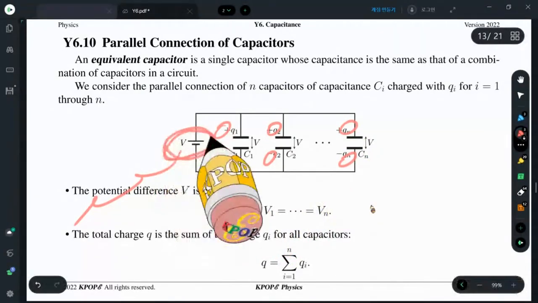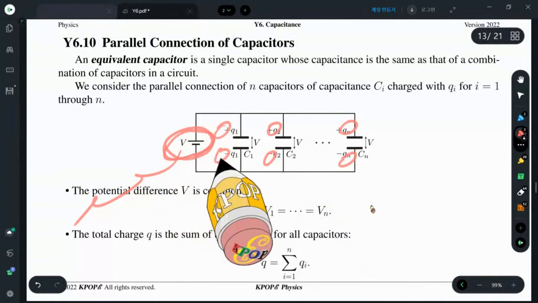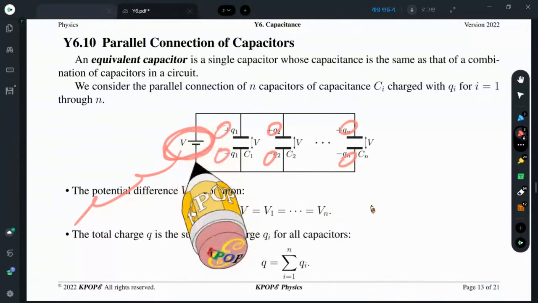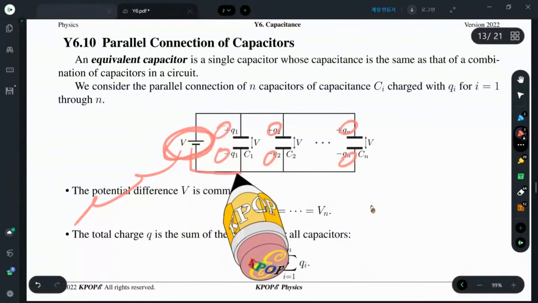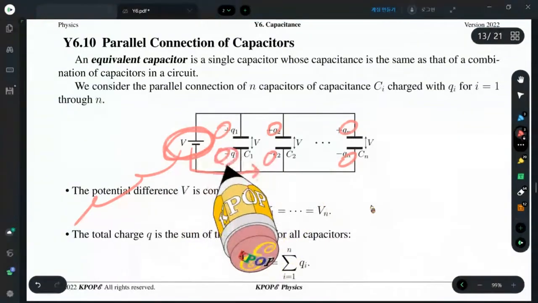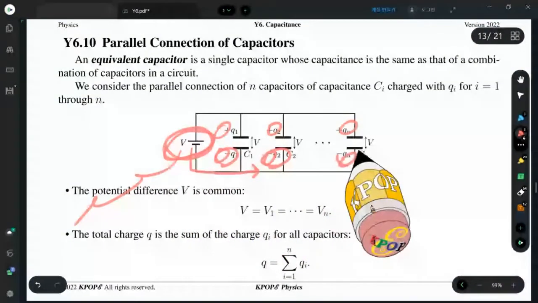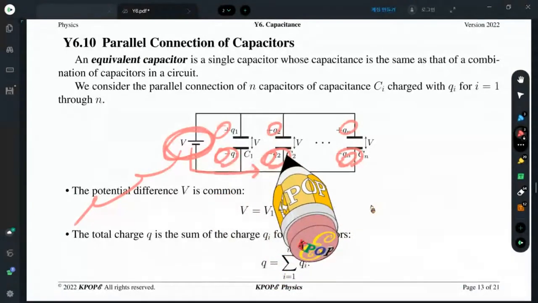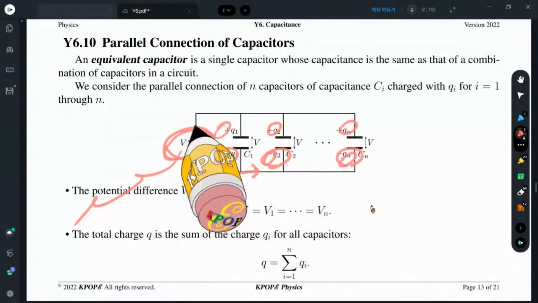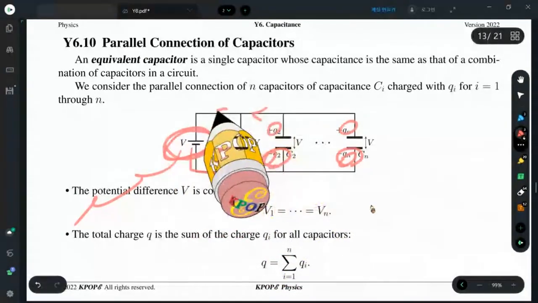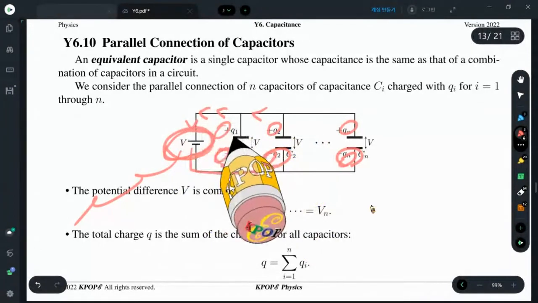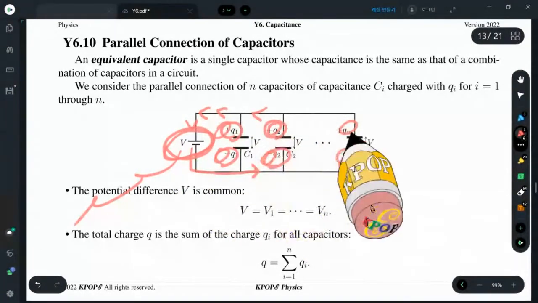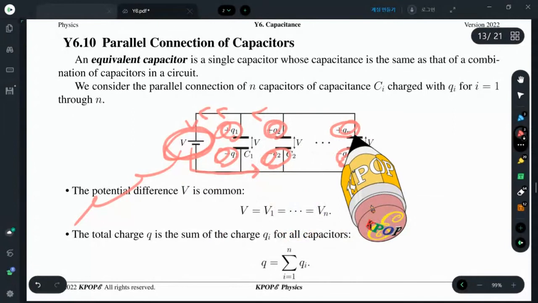And as soon as you attach the battery in this circuit, electrons will flow to make these charged with appropriate charges, and electrons flow out because they become positively charged.